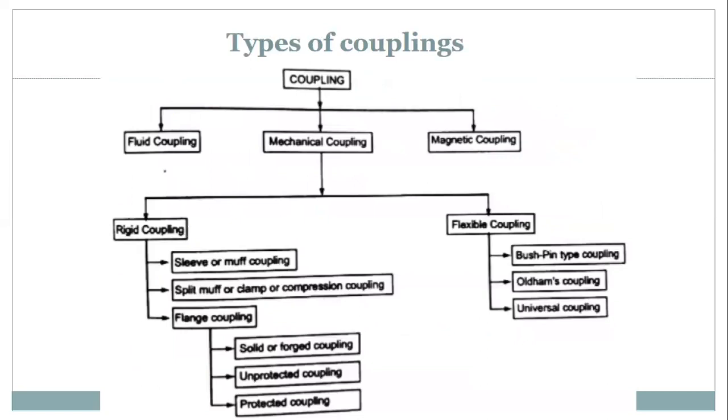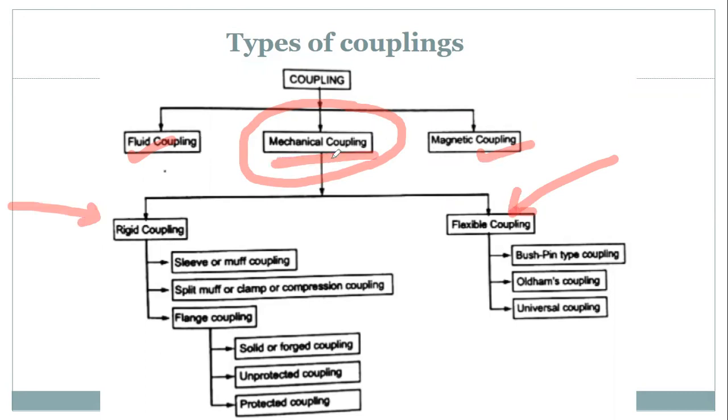Now, if we look at our main topic, the mechanical coupling, right? There are fluid couplings, there are magnetic couplings, but we will focus more on rigid couplings and flexible couplings, which are mechanical couplings. So mechanical couplings are divided into two parts, rigid coupling and flexible coupling.